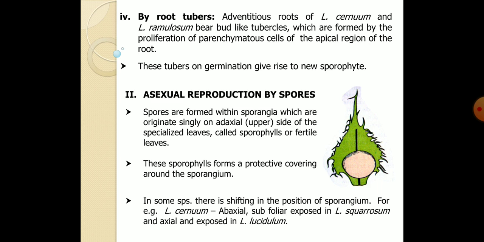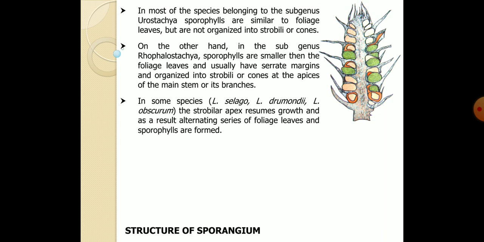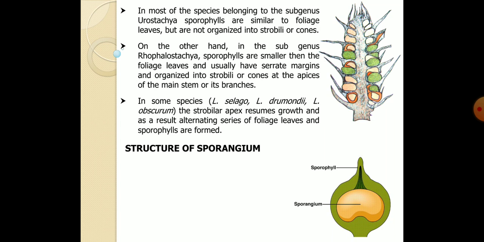The position may sometimes vary, and usually the sporophylls are smaller than the foliage leaves, have serrate margins, and are organized into strobili. They look like a cone, also called a strobilus.